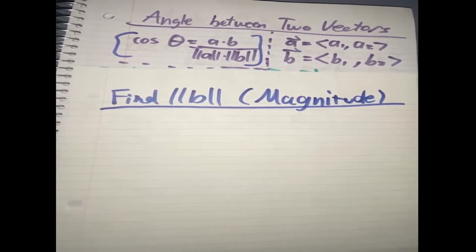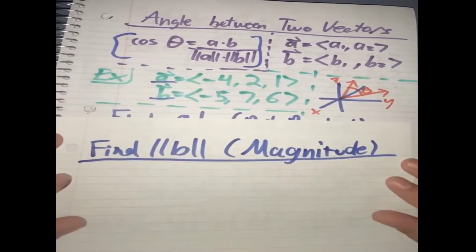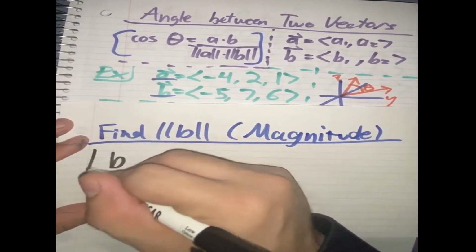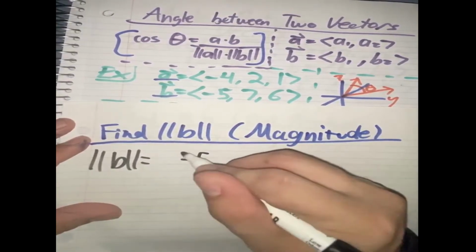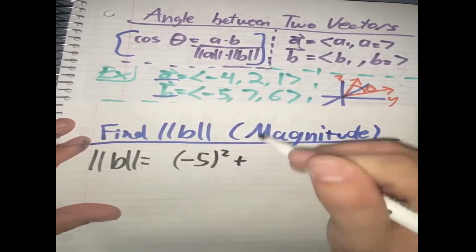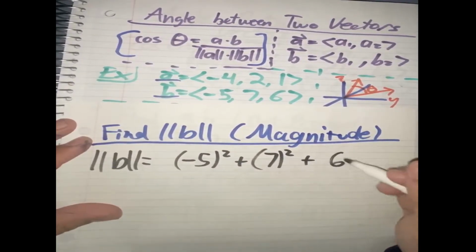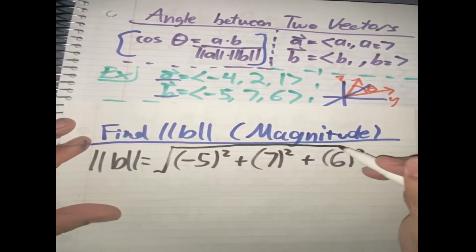Whenever you're presenting your work, you don't want to have any ambiguity, so that would be my route. So the magnitude of B is equal to -5 squared plus 7 squared plus 6 squared, all inside a square root.